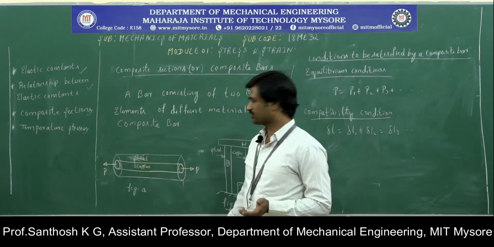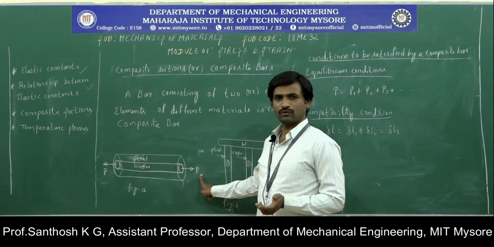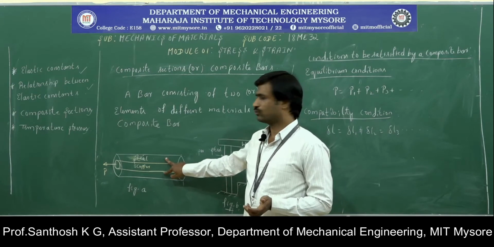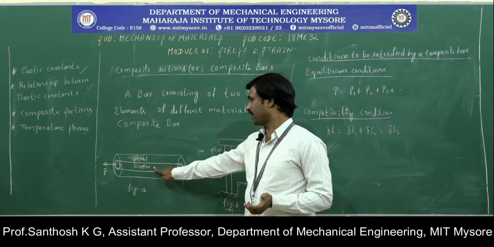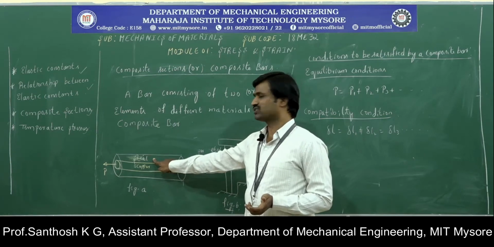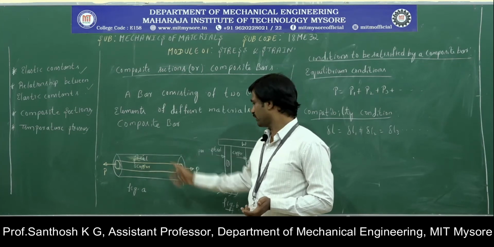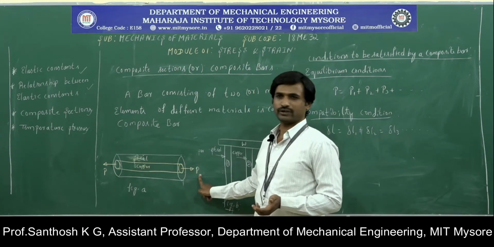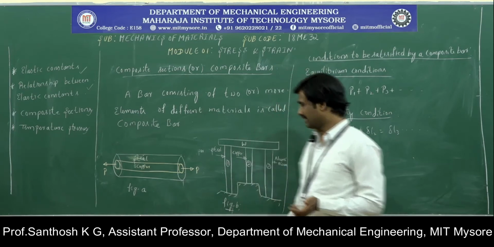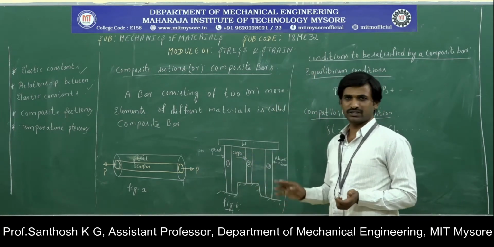An example of a composite bar is this one, where in order to carry the load P, we make use of two rods. One is made up of copper and it is covered with another hollow cylinder made up of steel. These two materials together are used to carry the load P. Similarly, figure B also represents a composite bar.